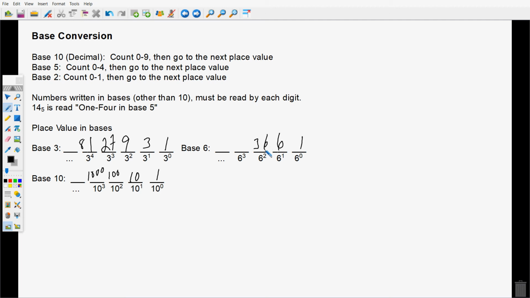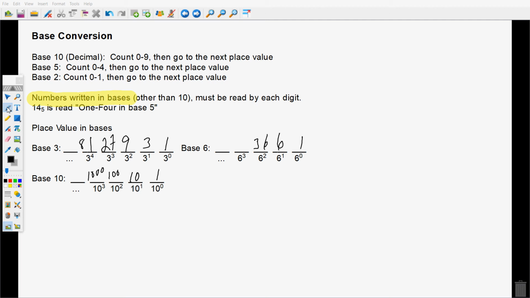Now I did put a note, and that note is right here. Numbers written in bases besides 10 must be read by each digit. So when you see this 14 with a subscript 5, that's exactly how it's read: 1 4 base 5. That little subscript number is your base.